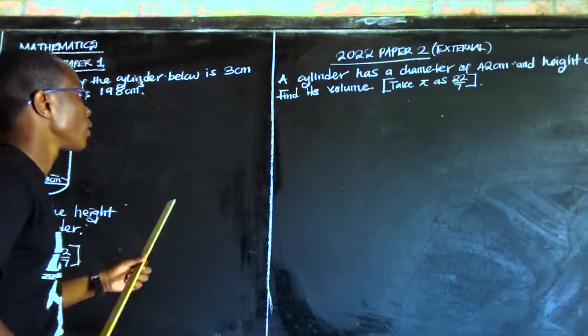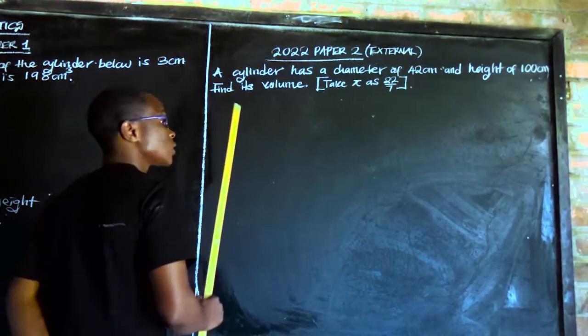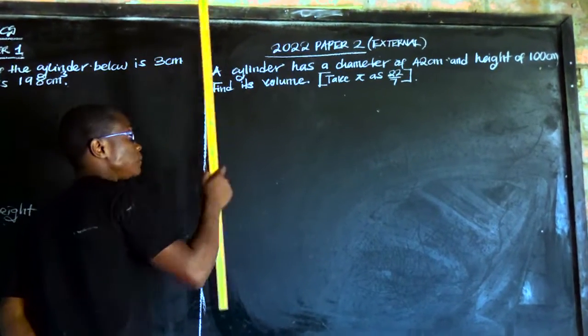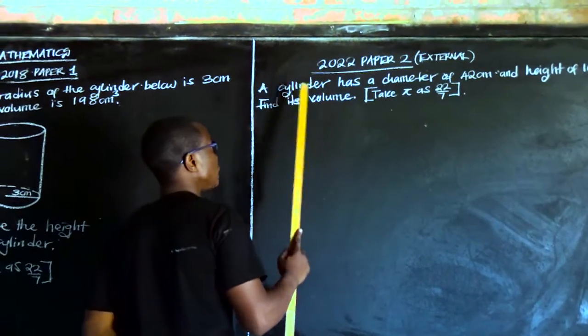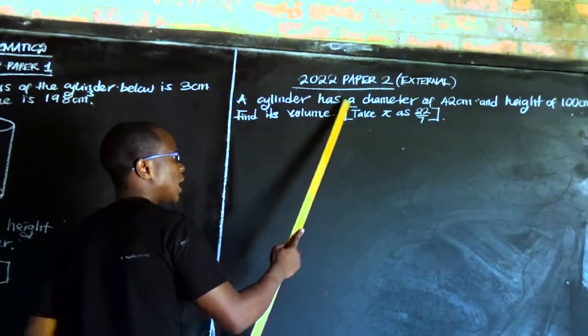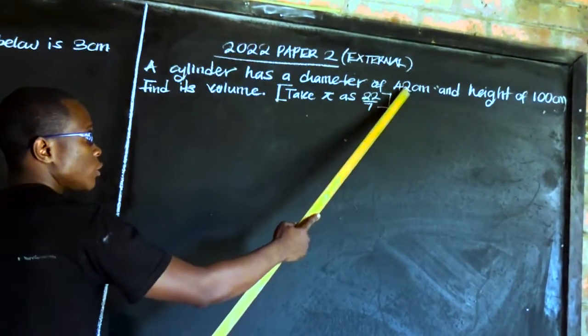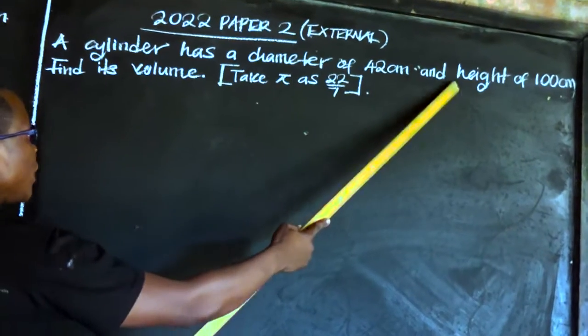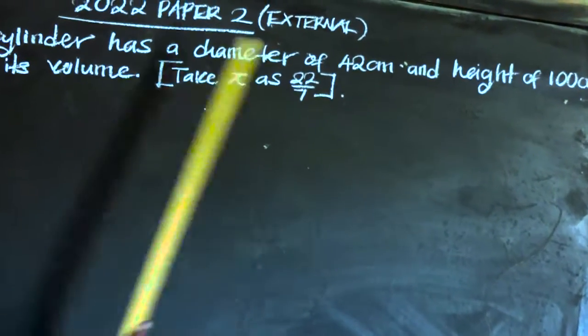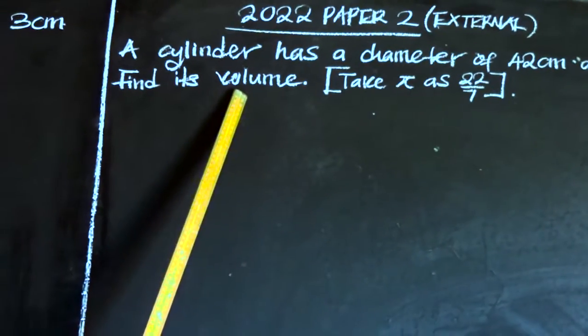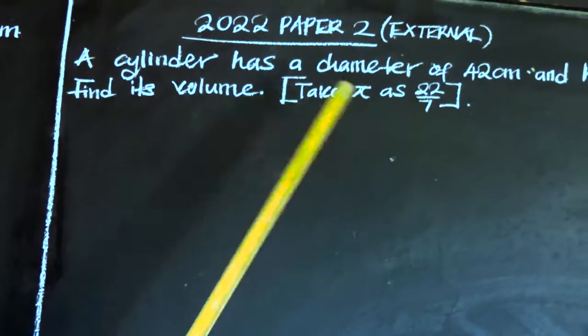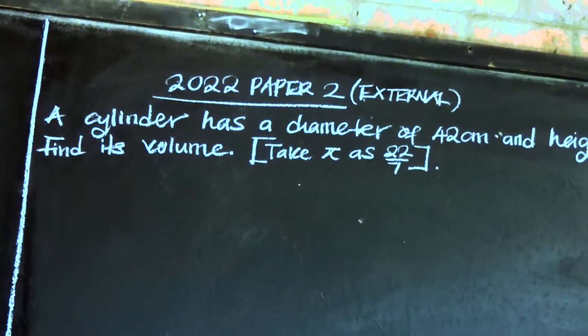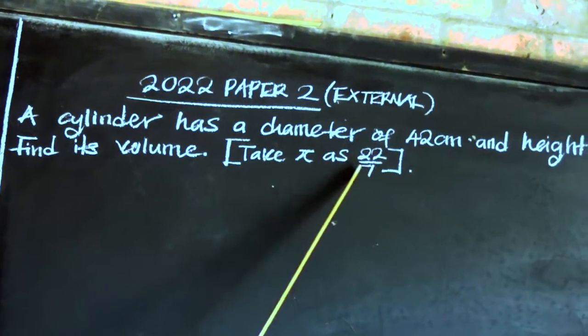Move on. So let us look at 2022 external. It's saying a cylinder has a diameter of 42 centimeters and a height of 100 centimeters. Find its volume. Now take pi as 22 over 7. So they want us to use pi as 22 over 7 as a fraction, right?